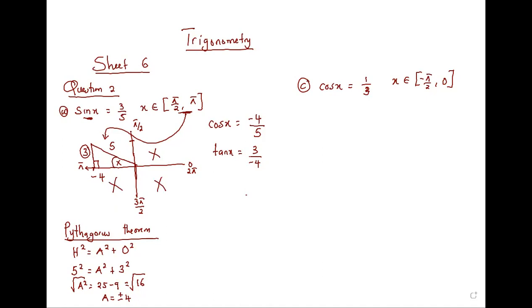But we can't just place it anywhere. So it must be between 90 and 180, which is the second quadrant. Thank you, sir. So this is the first quadrant, then the second, the third, and the fourth.